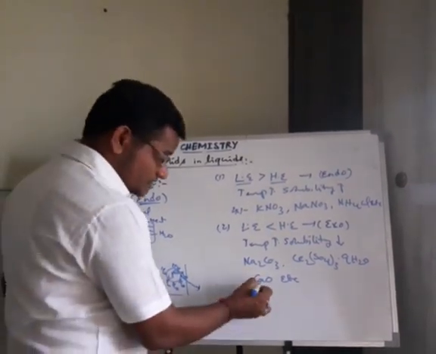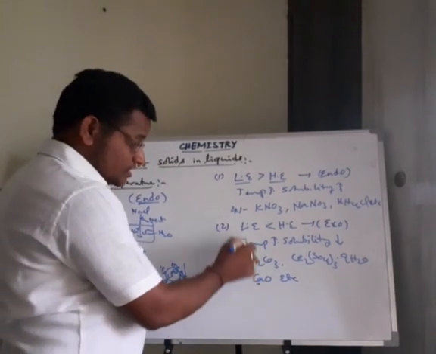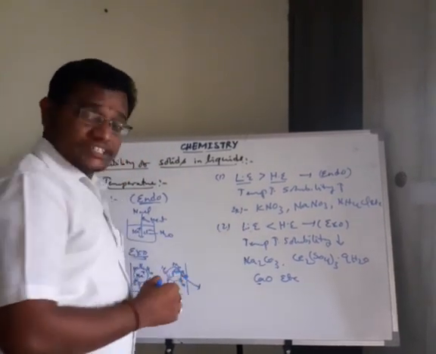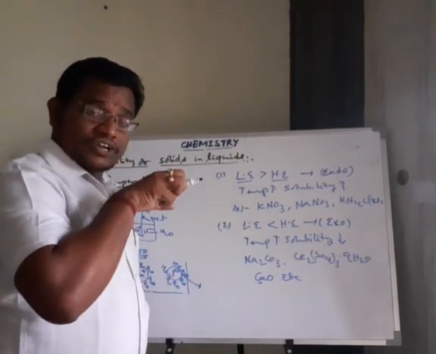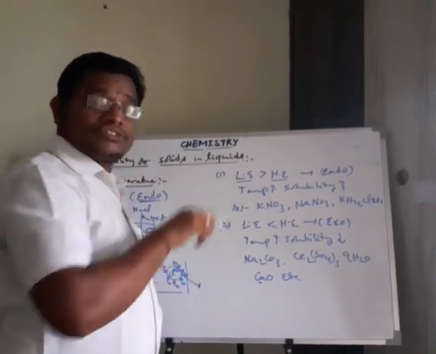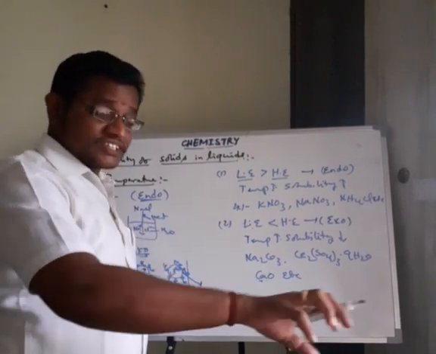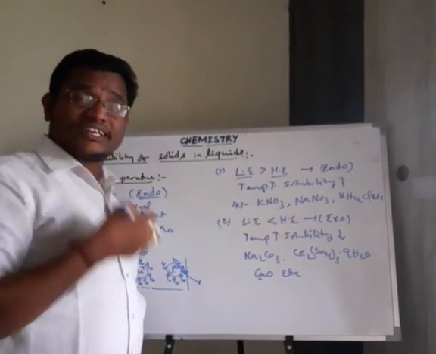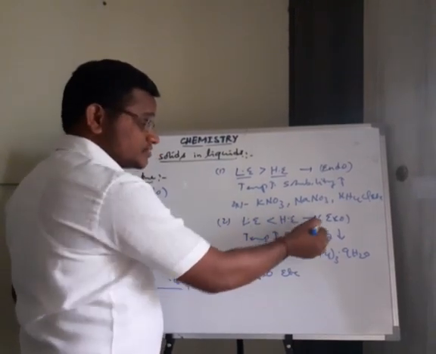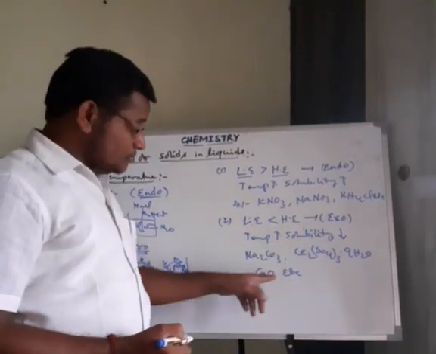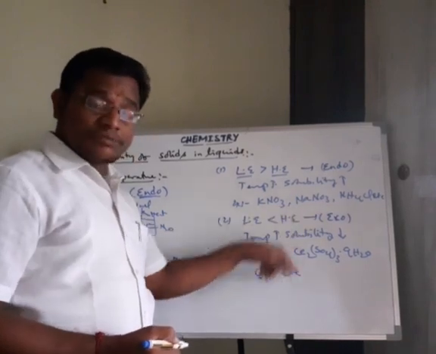For example, take CaO. The lattice energy of CaO is less than its hydration energy. The energy absorbed from the surrounding is less than that released to the surrounding, so the total energy is released. That's why it is an exothermic process.